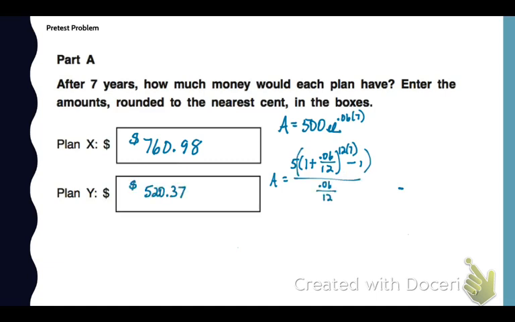And then just carefully key that in on your calculator. I started with the most inner parentheses at the top and I worked outward. I got my numerator and then I divided it by my denominator, which I put in parentheses. So plan Y would give $527.37, rounded to cents.